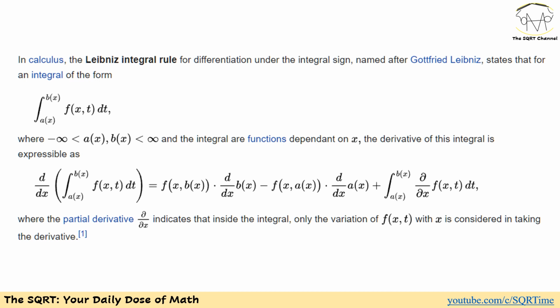We have f of x and b of x times the derivative of b of x in dx. That's positive. We're going to use the same approach but for the lower bound, which is a of x, and that's going to be negative. And finally, when we move the derivative inside this integral, we are going to have positive for that. Based on these, we are going to solve the problem in a bit.